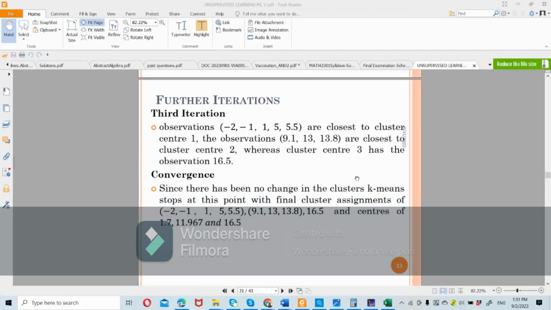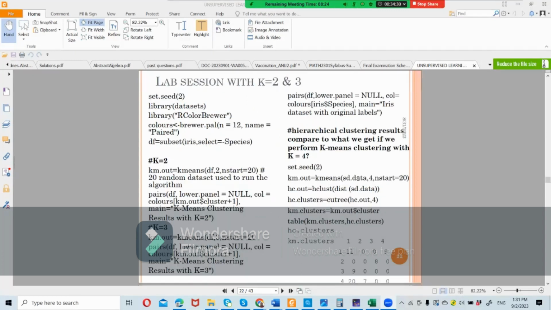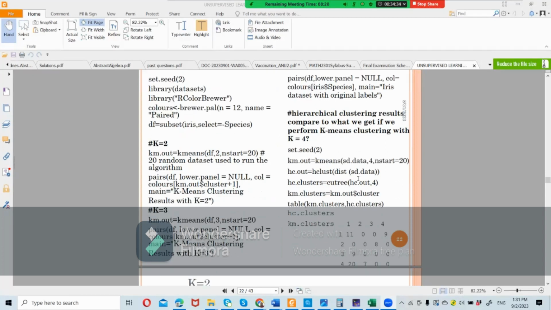Next slide, please. Now, the lab session. In the K-means clustering example, we are considering a data set called IRIS. IRIS is a 150 by 5 data set describing the characteristics of a certain flower.